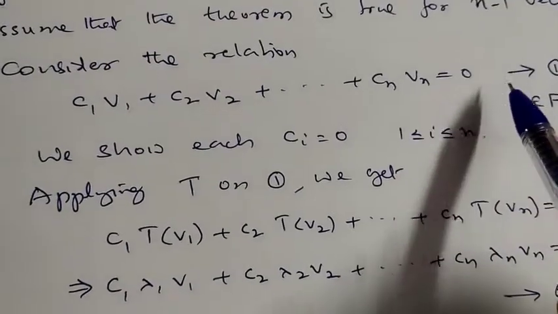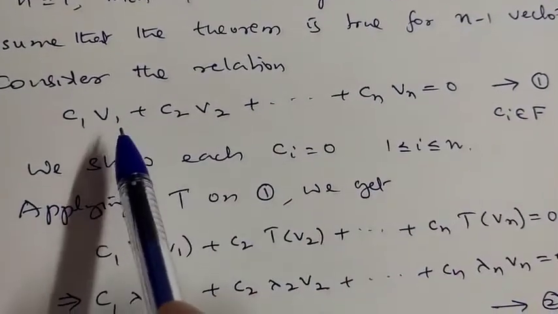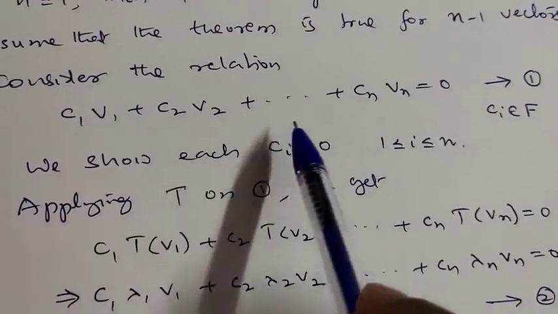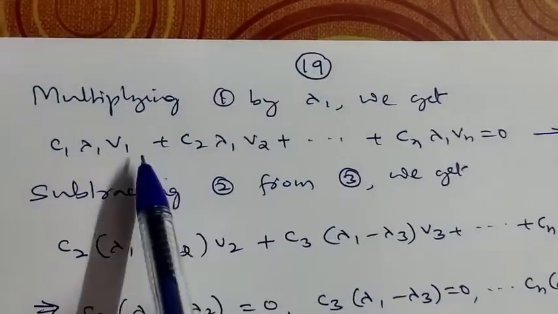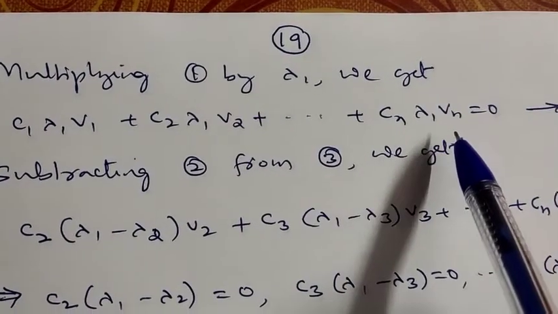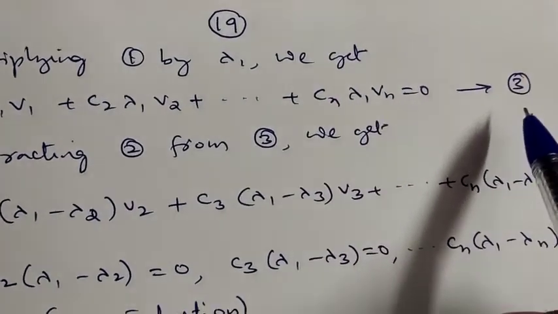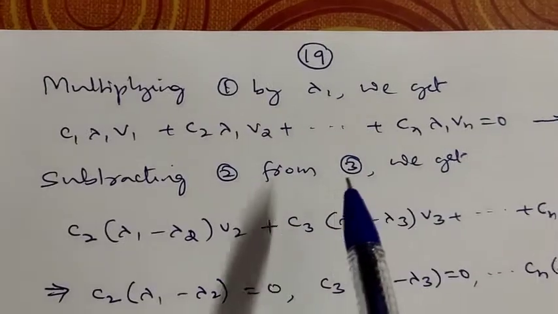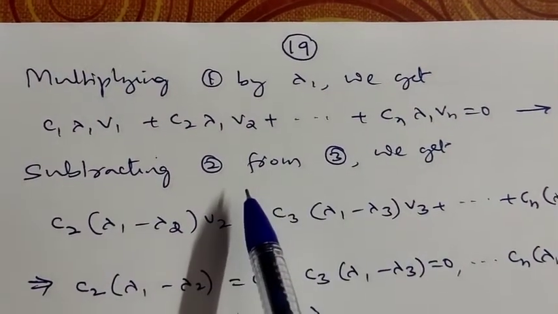Now you multiply the equation 1 by lambda 1. Then we get, say, c1 into lambda 1 v1 plus c2 into lambda 1 v2, etc., cn into lambda 1 vn. You call this by number 3. Now you subtract 3 from 2.